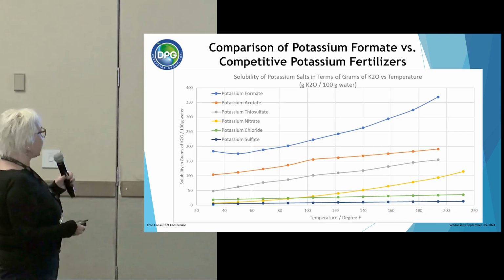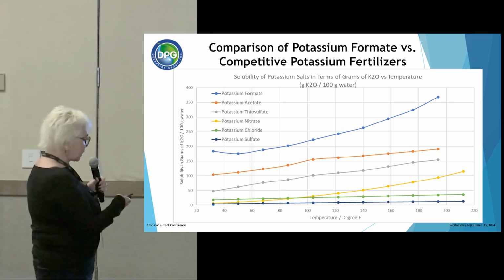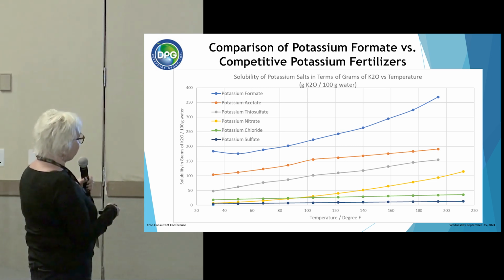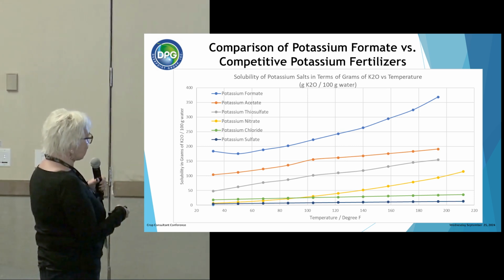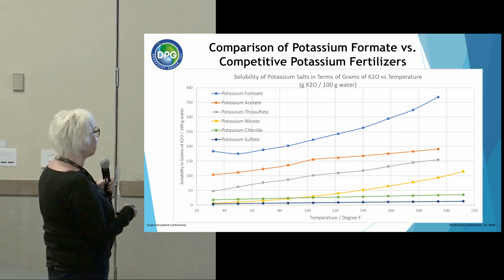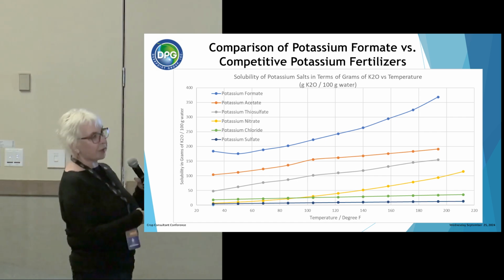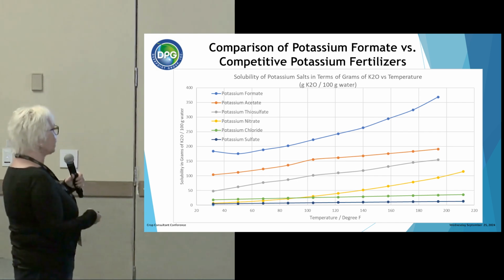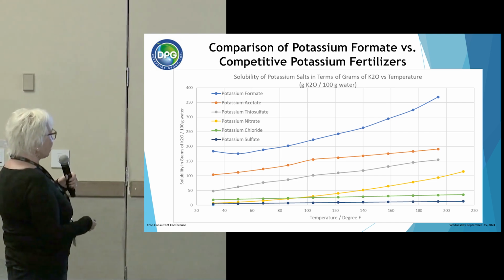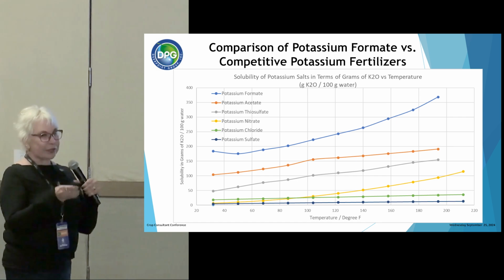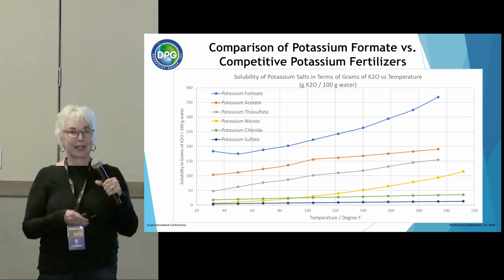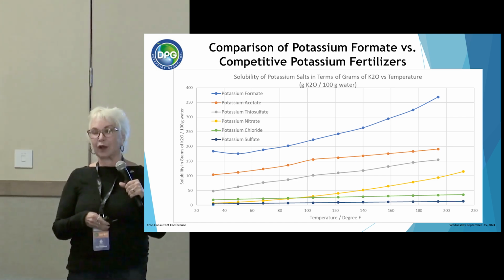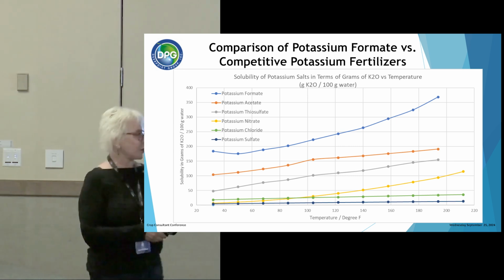So here is a comparison chart of the various solubilities of, and this is in grams of potassium, of K2O, which is of course commonly what we think of it in fertilizer salts, per 100 grams of water. And I had someone who was looking at our chart in booth 36 say to me, well, why are you going beyond normal soil temperatures?